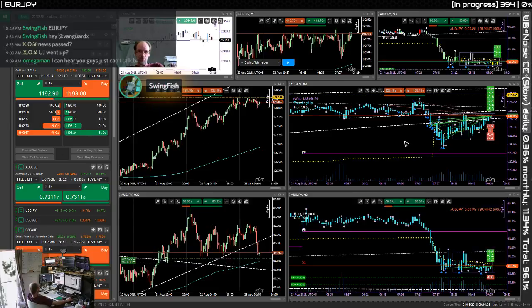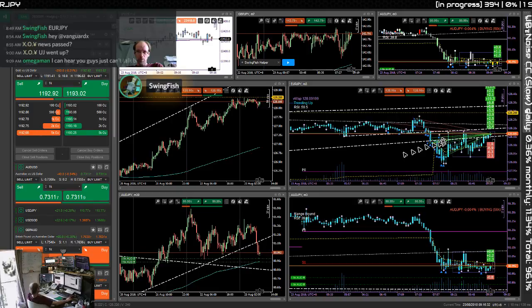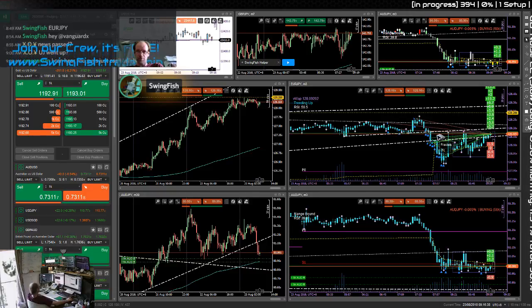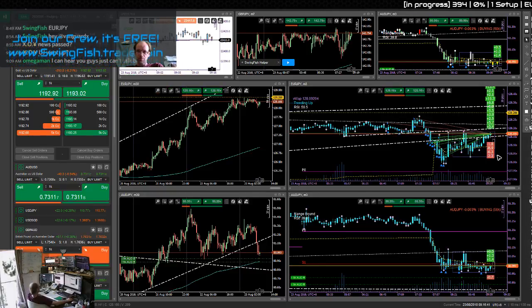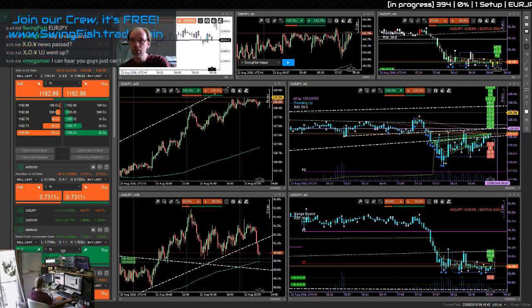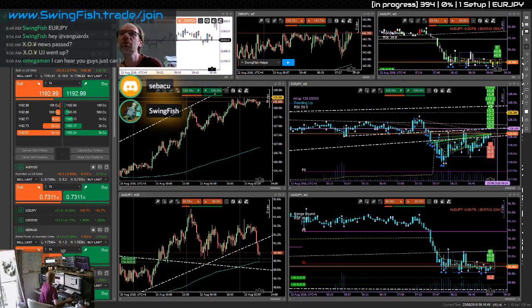Distance on the smaller time frame. Yeah, there's a little bit more up, there's another one. That seems more significant. Around 128.195.